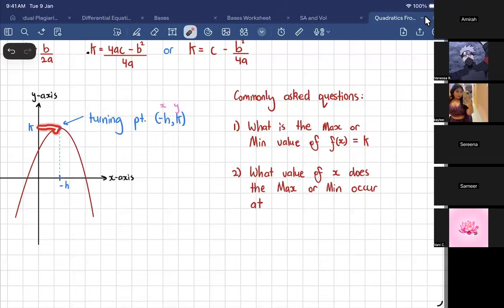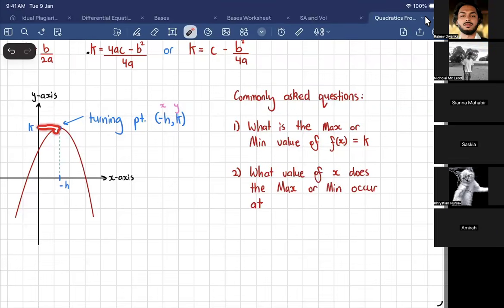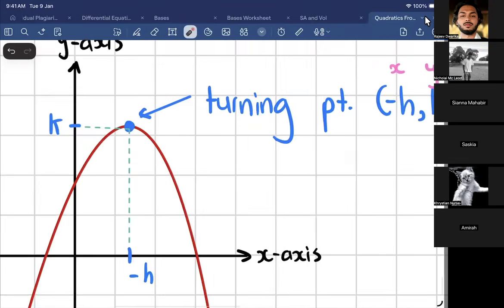Negative h. Let's see now with our own eyes, right? Check this out. This is k. K is the maximum value, in this instance. And if we take a vertical read off on the x-axis, where are you reading? Tell me, guys, where are you reading there? The negative h. Right.